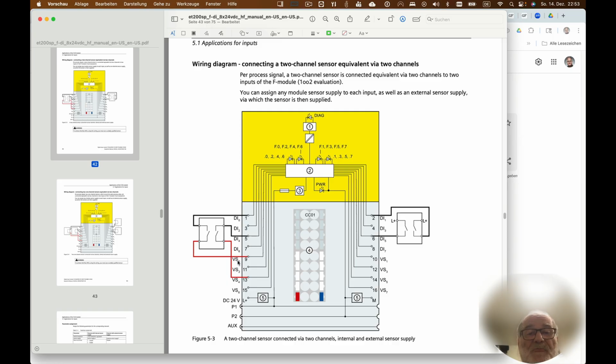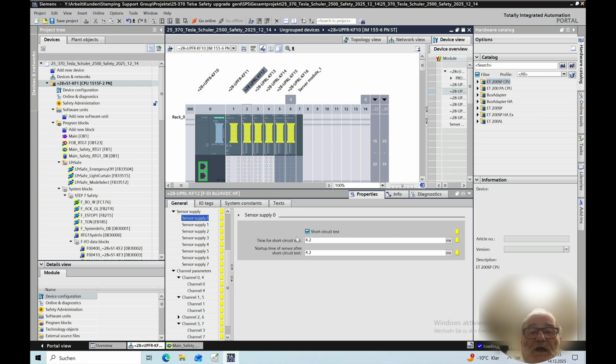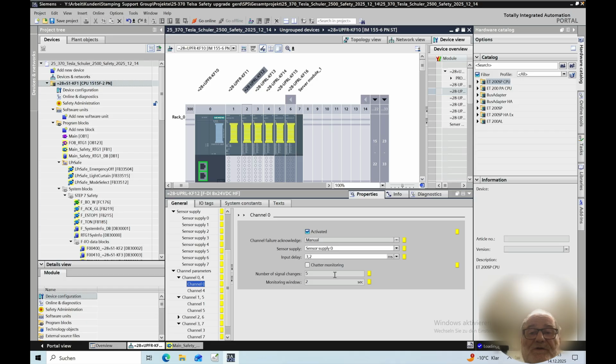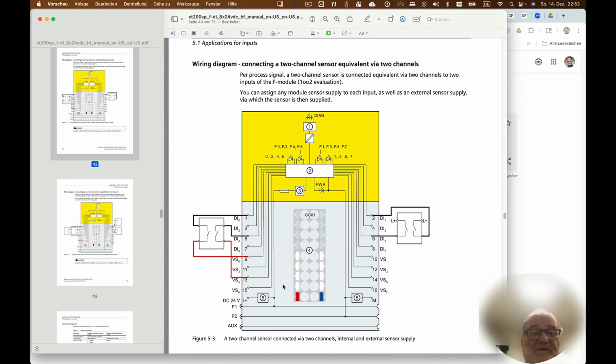So it's the sensor supply VS0, which you can see here. On the VS0 I have a short circuit check, and also on the other ones. So all these are short circuit protected, and also it's the 1/2 evaluation equivalent. So this is this setup right here.